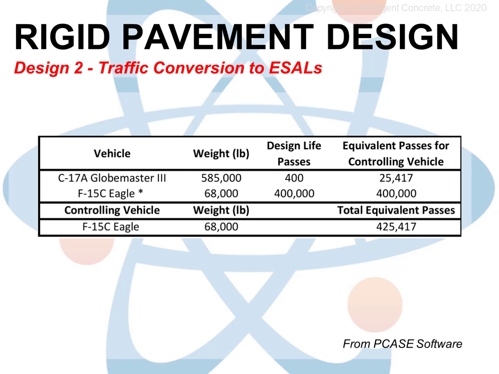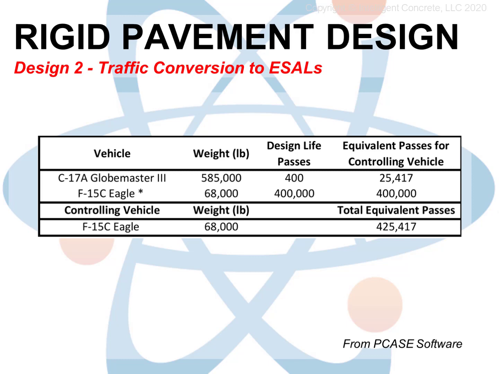The design life and equivalent passes calculations are pretty much the same as our previous light road traffic design. Our controlling vehicle in this case is a 68,000 pound F-15C Eagle with 425,417 total equivalent passes after factoring in all traffic loads.